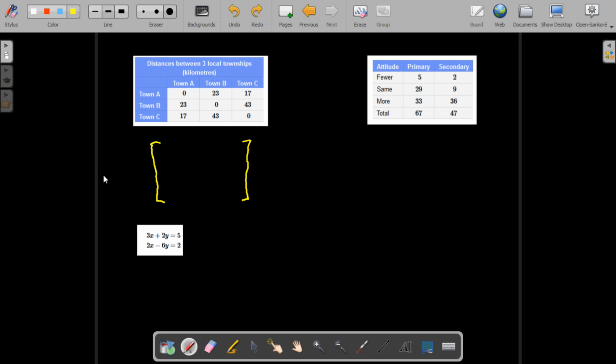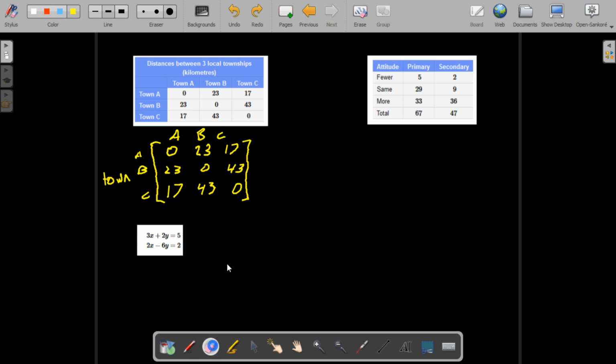Just imagine on the left-hand side we've got town A, B, and C, and up the top is town A, B, and C. Inside town A to town A is going to be this 0 here. Then town B to town A, 23, 17, so we can fill it out. And it's basically the table represented in a matrix.